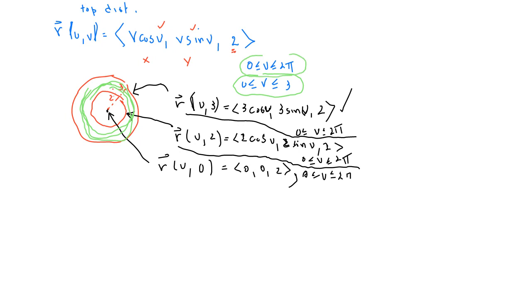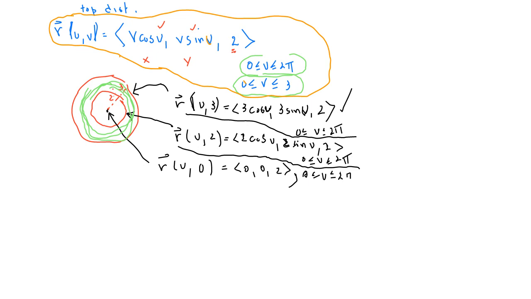And so the parameterization for the top disk is going to be r of u, v equals the vector function with components v cosine of u, v sine of u, and 2, where u is allowed to range between 0 and 2 pi, and v is allowed to range between 0 and 3.